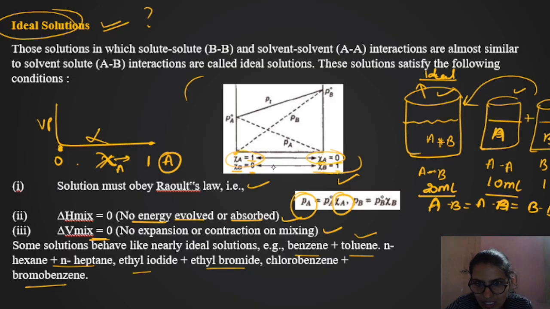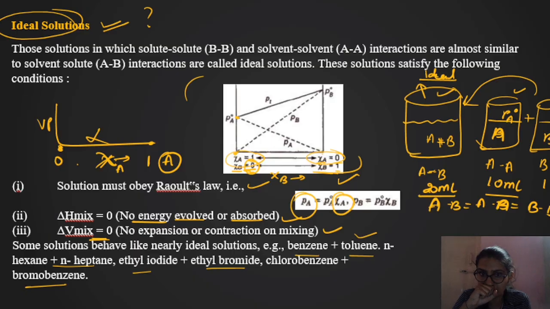At this point, when the mole fraction of B is 0, there is no B present. So I am talking about this solution, now completely in pure form. So the vapor pressure here is going to be PA naught.